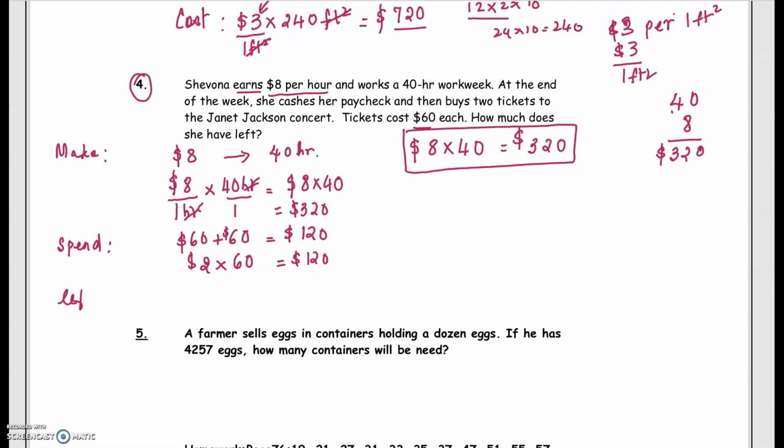Now what's left over after the spending? She makes $320, from which you take away, which means subtract, $120. And we're left with $200. So she makes $320 and spends $120, which means you have to subtract to find the remaining. We multiplied in the first 2 steps, and then what's left over we subtract.